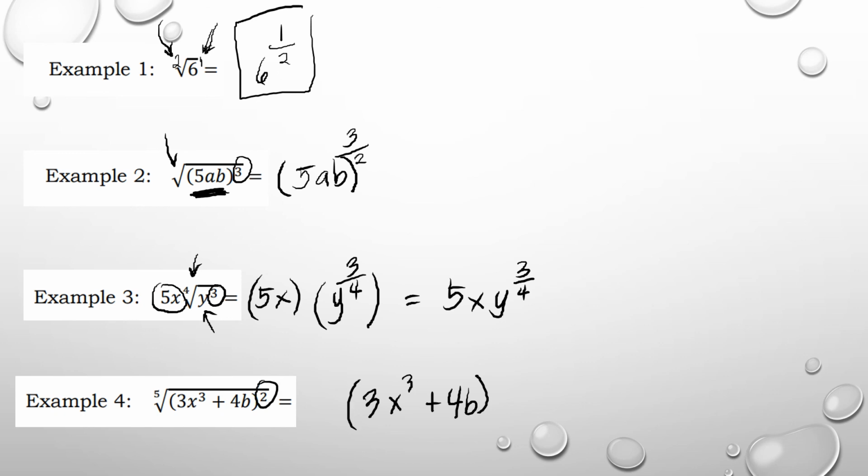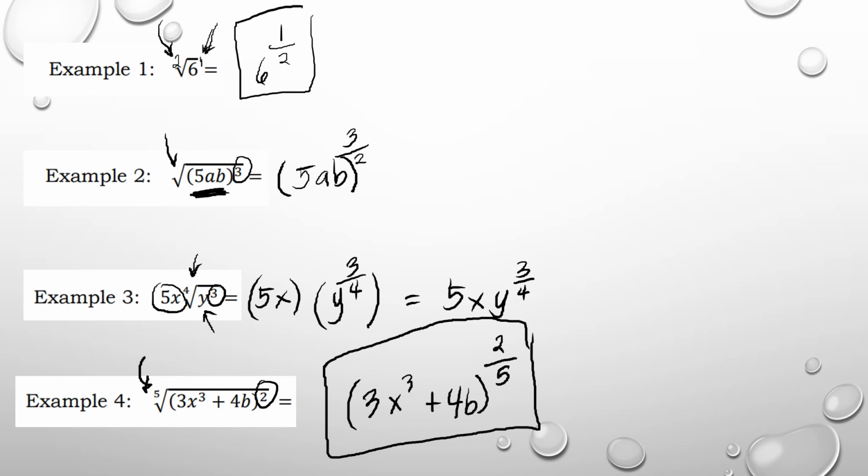Anong mayayari sa exponent ni radicand? That would be the numerator. Then, how about the index? Anong mayayari sa kanya? It would be the denominator. So, that would be the final answer. Our final answer here is the quantity of 3x cubed plus 4b squared raised to 2 over 5.